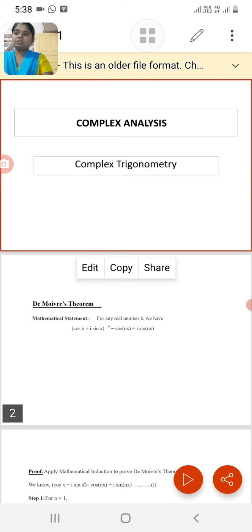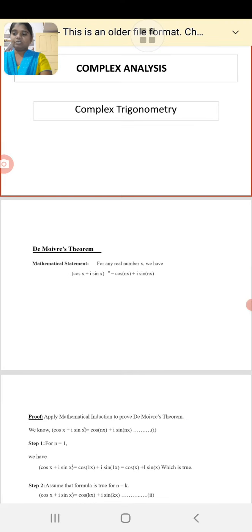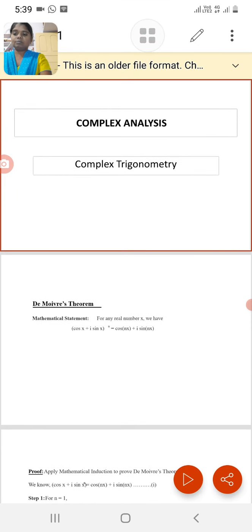In the first session we are going to learn about De Moivre's theorem. In the field of complex numbers, De Moivre's theorem is one of the most important and useful theorems, which connects complex numbers and trigonometry. The theorem is also known as De Moivre's identity and De Moivre's formula.